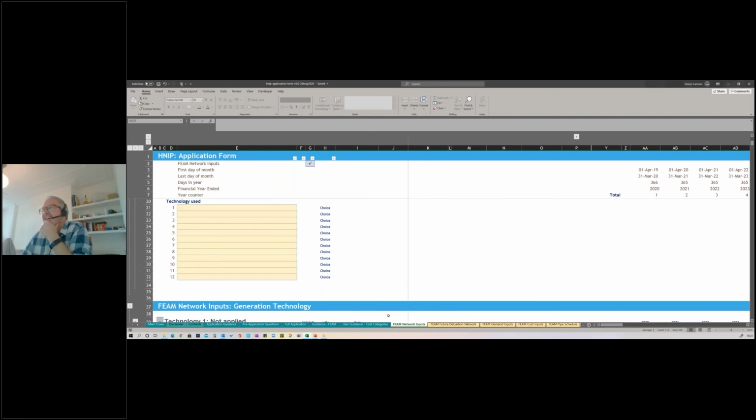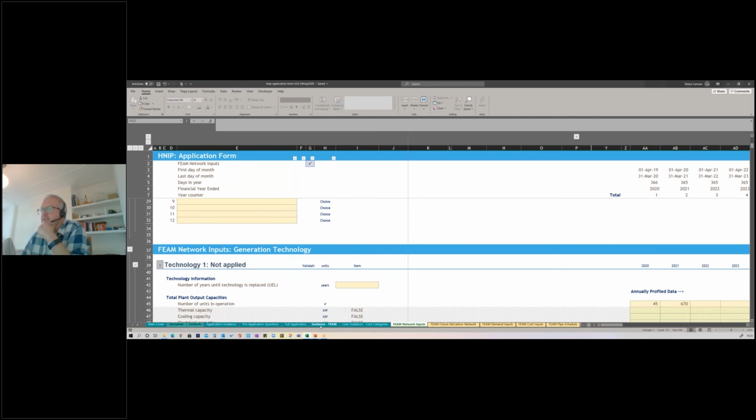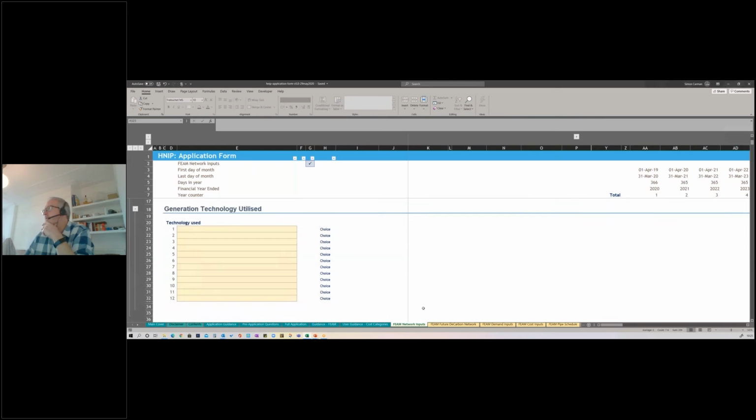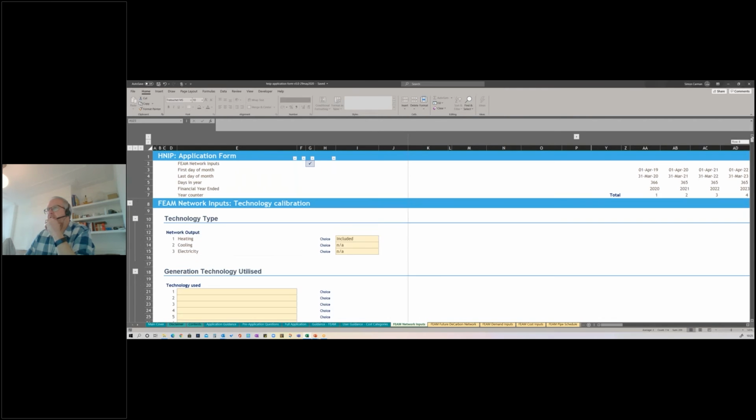Excellent. Okay, so we have a number of the turquoisey type tabs that Sam talked through a bit, and then the yellow tabs, which are the theme network inputs tabs. So we start at the top with the generation technology.